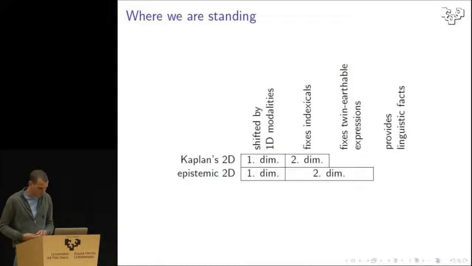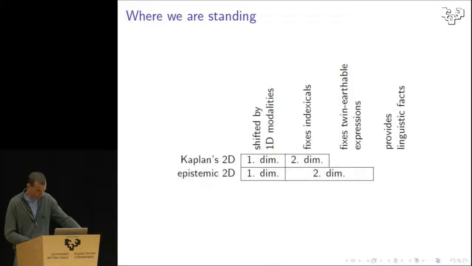And now later, this proposes that maybe you could just look at a three-dimensional system in which you would distinguish between these two different roles that the context might play. One of the roles is just to fix the reference of indexicals, and then there is this additional thing that it does, which is fixing the referent for twin-earthable expressions.